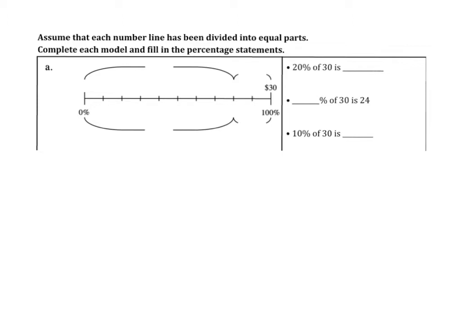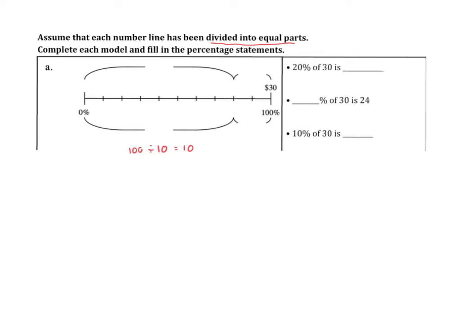So here we have our double number line, and this is divided into equal parts. Let's just count those parts. We have 1, 2, 3, 4, 5, 6, 7, 8, 9, 10 total parts. So if this whole line represents 100% of our situation, 100 divided by 10 equals 10.